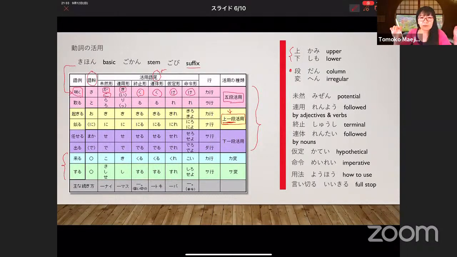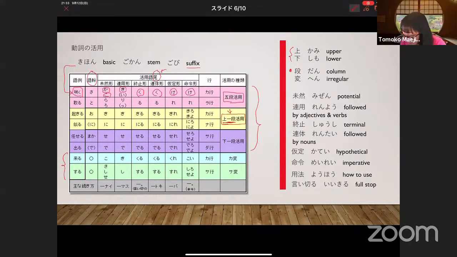that is u. You have an upper part, which is e. And the sound only uses e vowels. For example, okiru is to wake up.